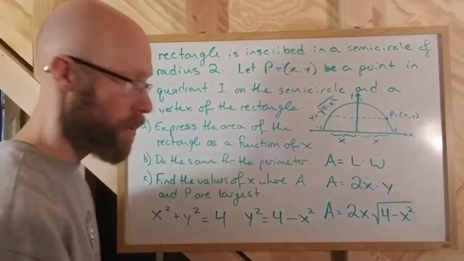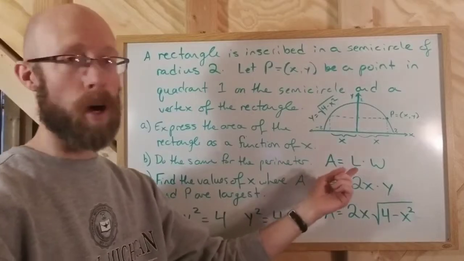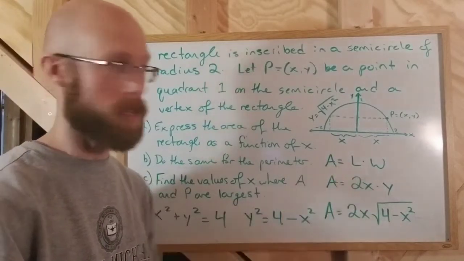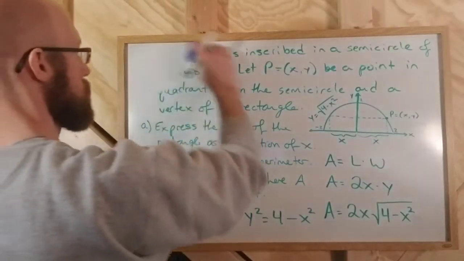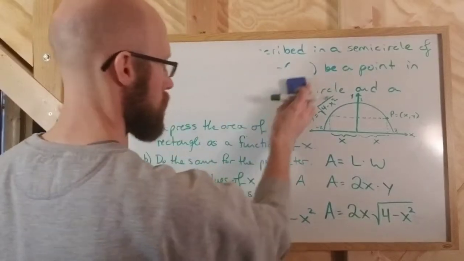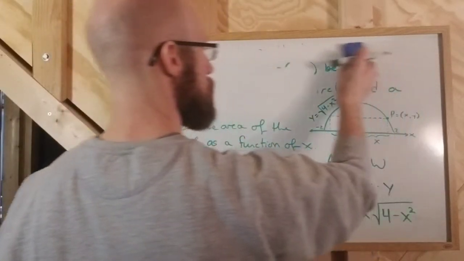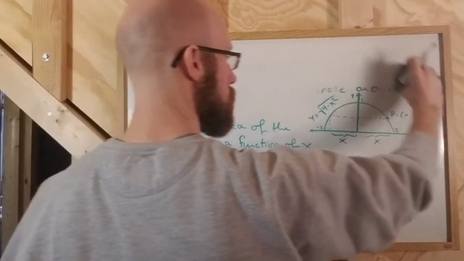Now the perimeter is found in a similar way, except we're going to be using the formula 2L plus 2W instead of L times W. Let me erase some of this so that I have some space to work. That top portion just describes the graph, so I've got that all figured out.